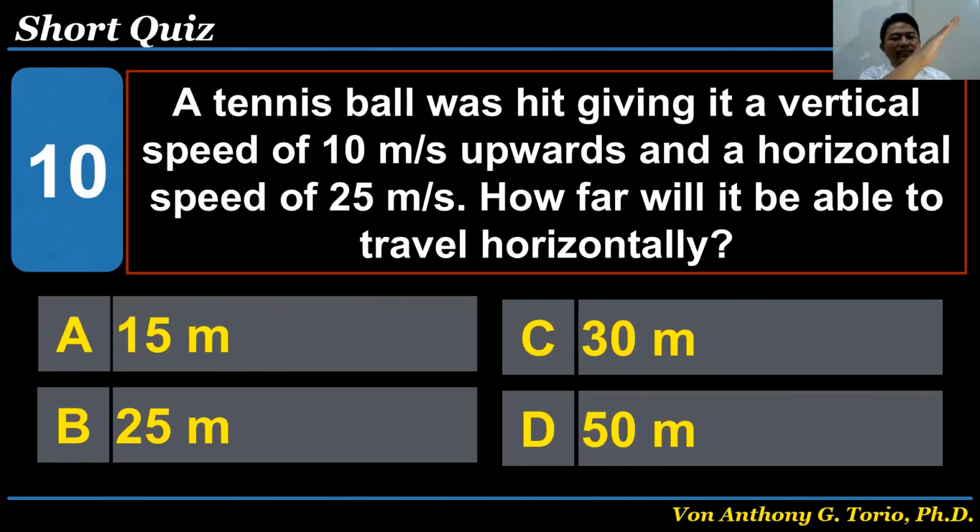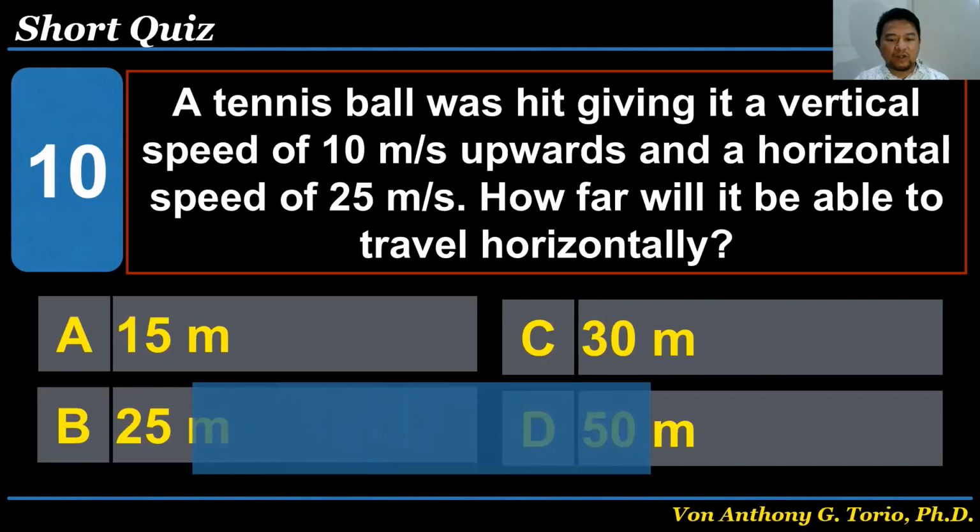So it will take 1 second for it to reach the maximum height, and then another second to come down. Total time of flight is 2 seconds. And 2 seconds times the horizontal speed, 25 meters per second, is 50 meters. The answer is letter D.